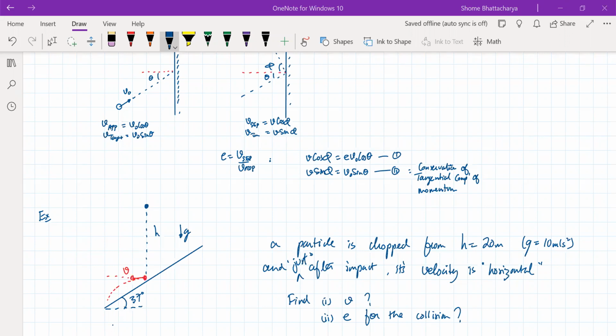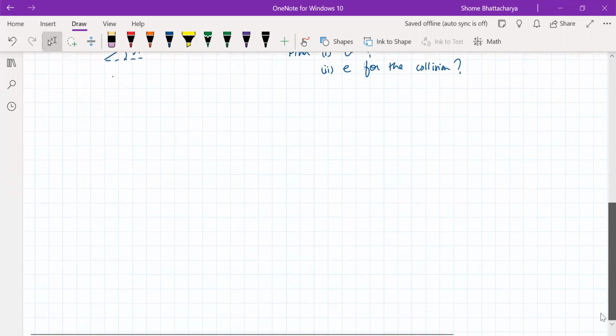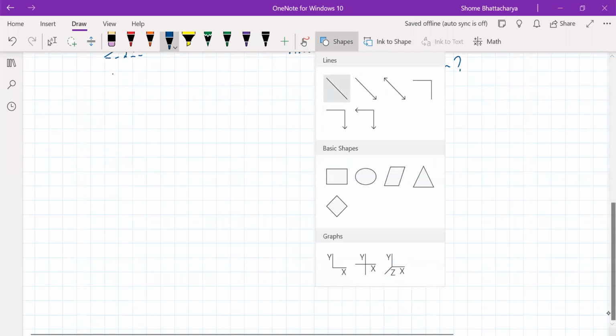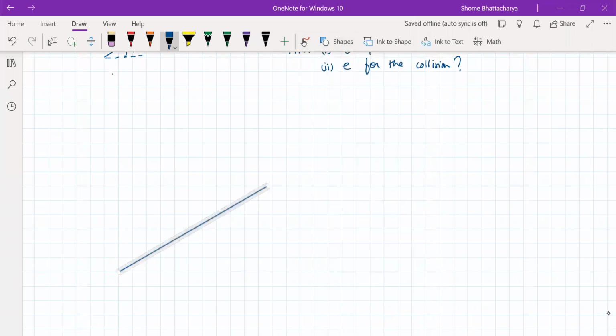Akshat, you have to check. I think something about the angle you might have mixed up. So let's understand how this will work out. Yes, Laksh, your answer is correct. Very good.